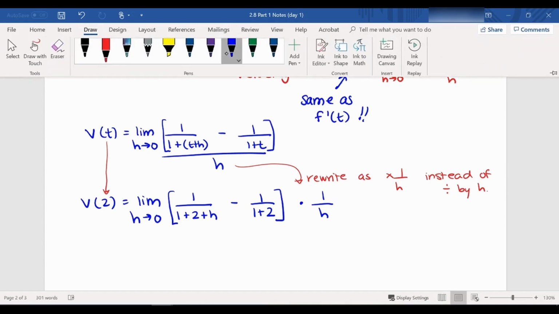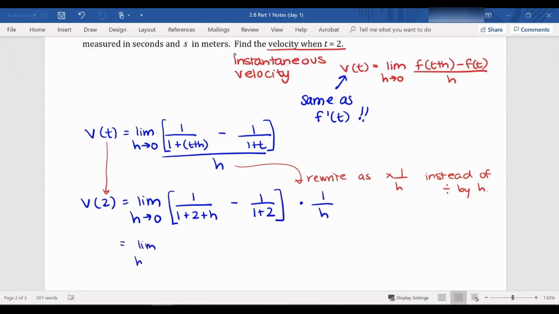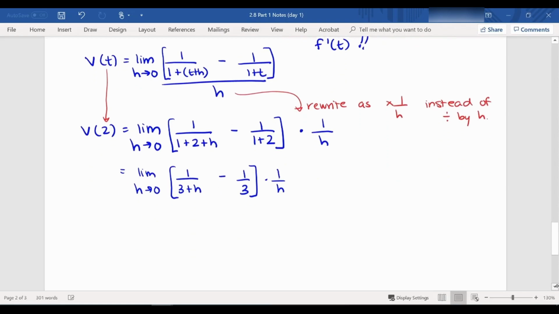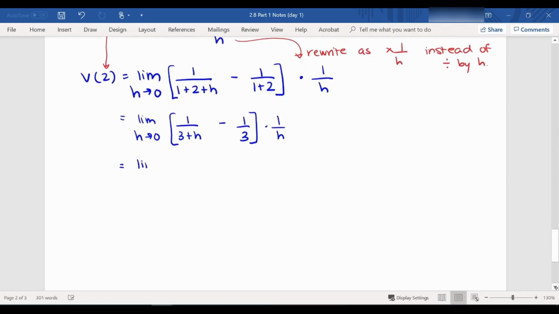Okay, now I can fix this up a bit. This becomes 1 over 3 plus h minus 1 over 3, times 1 over h. In the square brackets, I need to make a common denominator. So my common denominator would be 3 times 3 plus h. So this becomes 3 over 3 times 3 plus h, minus 3 plus h over 3 times 3 plus h, all times 1 over h.